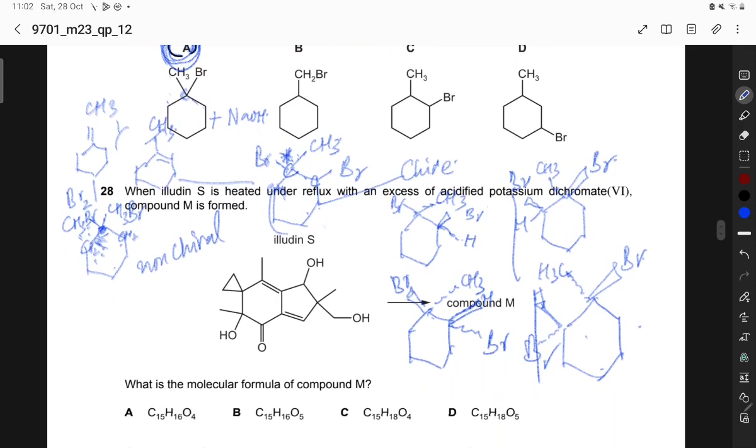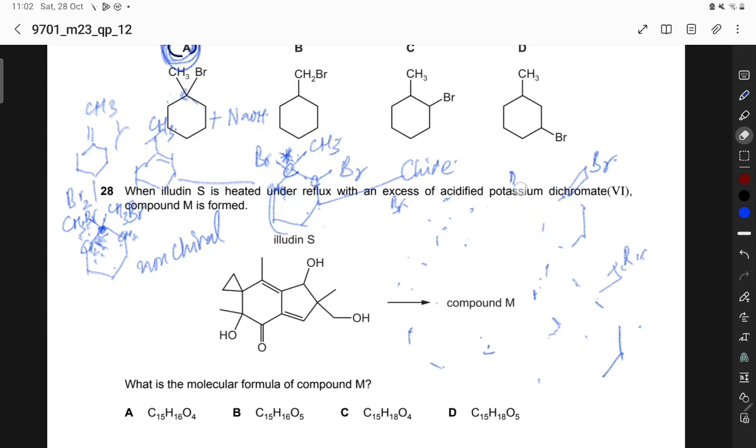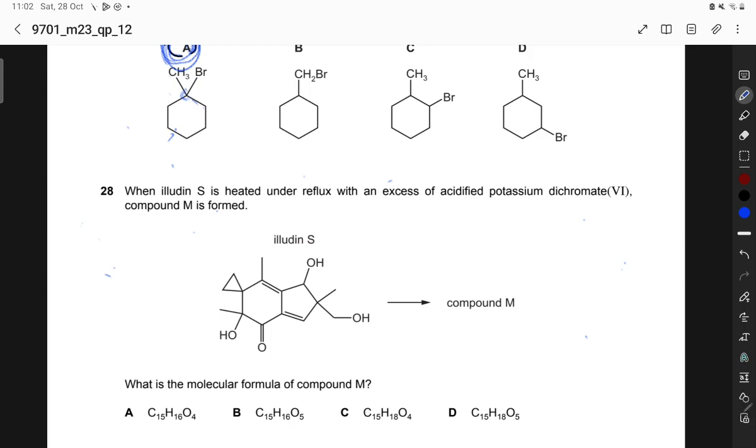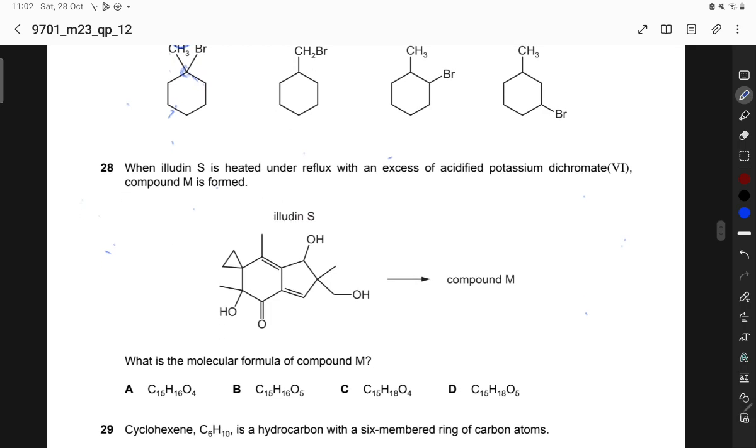So next question. When compound S is heated under reflux with an excess of acidified potassium dichromate, compound M is formed.